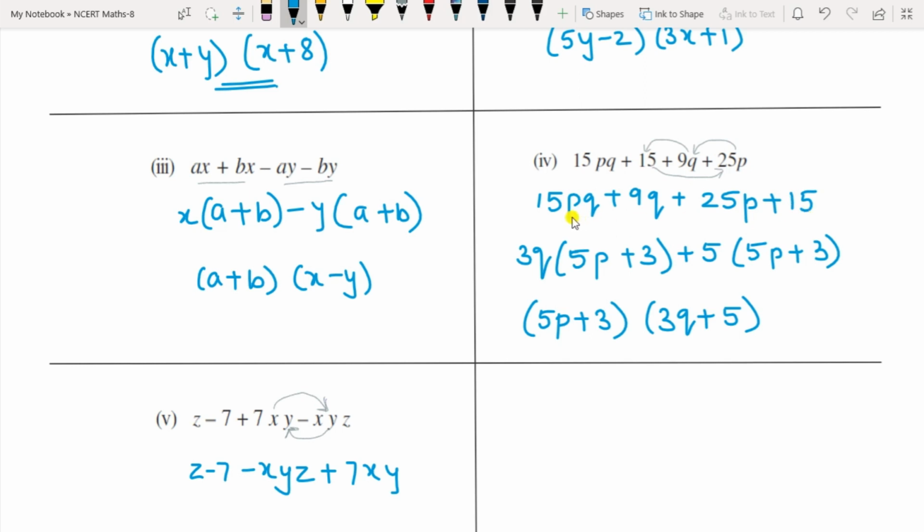Okay. So now you can take it common from these 2 terms, that will be 3q, 5p plus 3, and from these 2, 5 as the common factor, 5p plus 3. So 5p plus 3 is the common factor and 3q plus 5 is the other common factor.